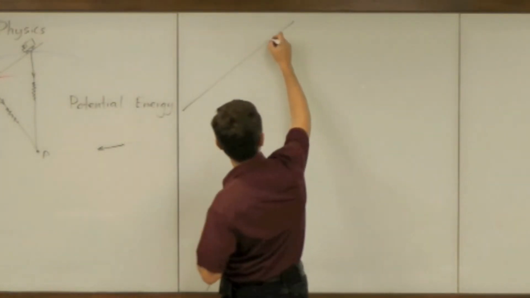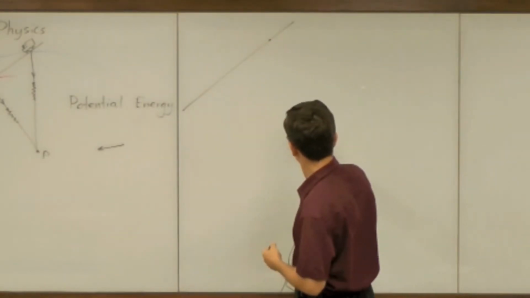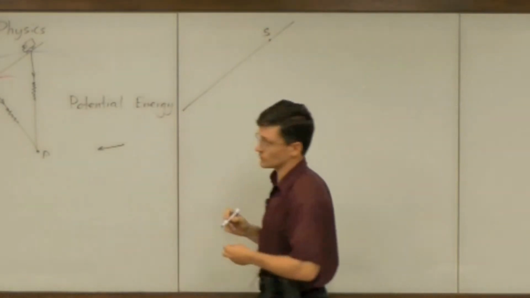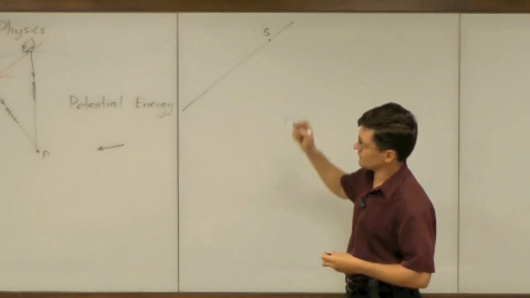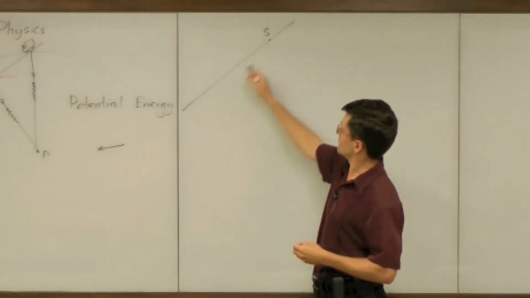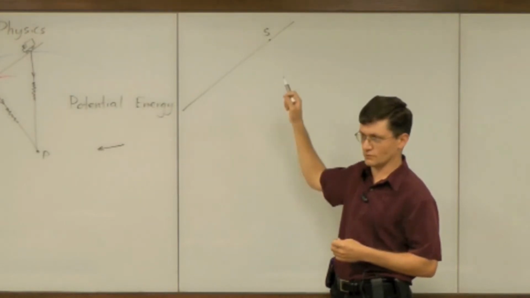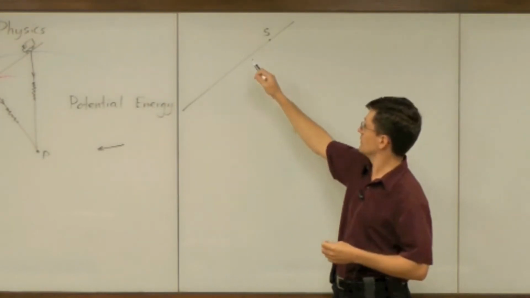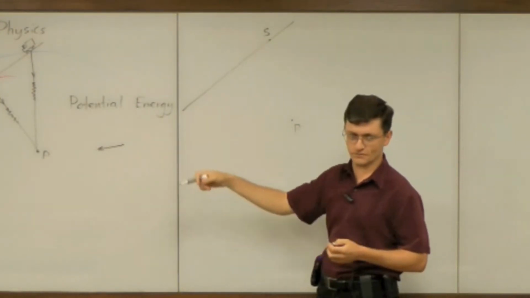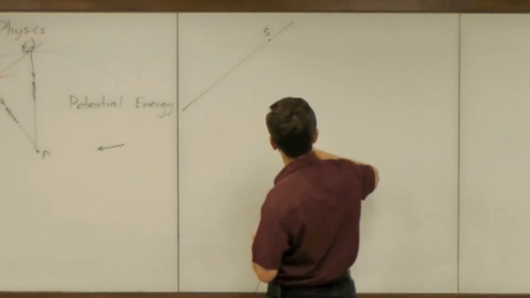So let's assume we have a point, and I'll call it S because in the notes it's called S. The point S moves along the line on its own. I'm not pulling it, I'm not pushing it. It lives its own life, moving there, maybe flying. It can only fly along this line.